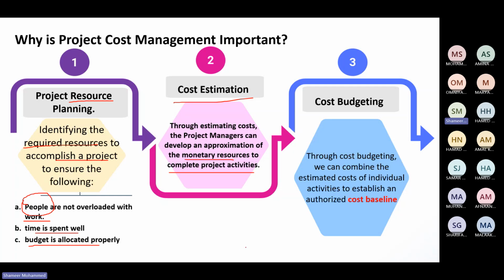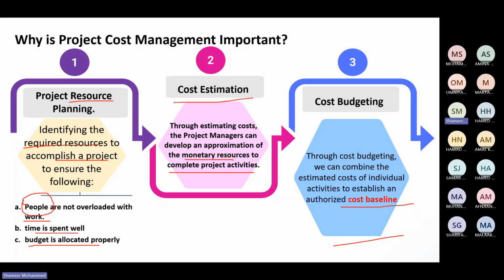Like I told you, analysis how much amount you need, designing of the project how much amount you need, testing, implementation, support, the total will come down to some value. That is your cost budgeting. And using this cost baseline, you will allocate the money to each task.